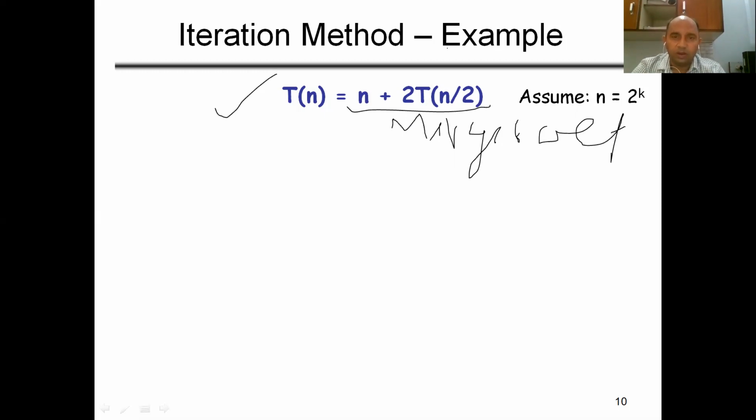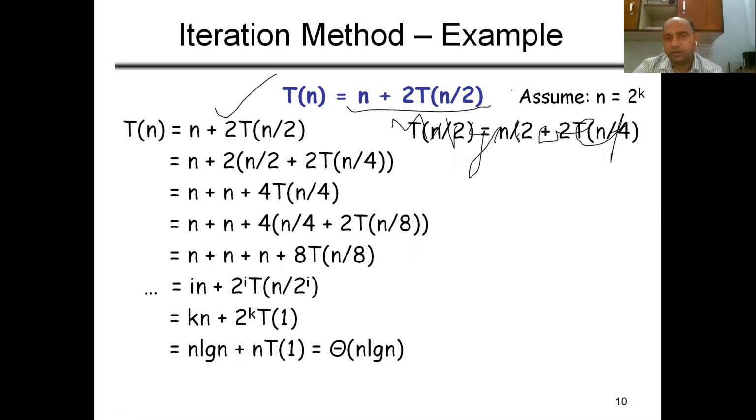We have to replace this T(n/2) value. I can find this T(n/2) value from the equation: T(n/2) is equal to n/2 plus 2T(n/4). We are replacing n by n/2 in this equation. After putting these values, I can write this equation.